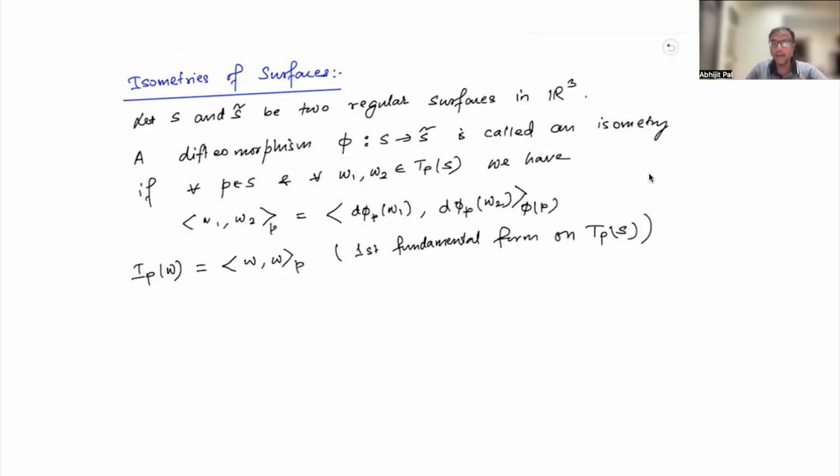If phi is an isometry, the first fundamental form I_p(W) will be equal to I_phi(p) of d phi p of W. So the first fundamental form is also preserved by the differential.